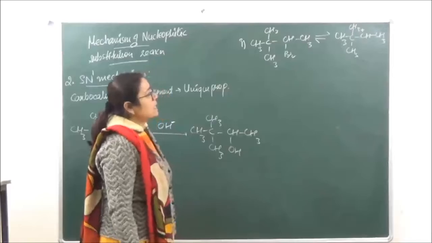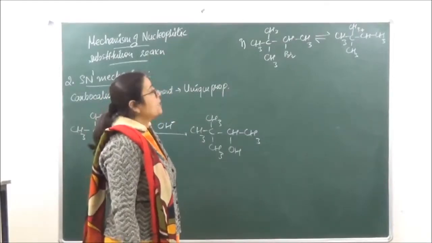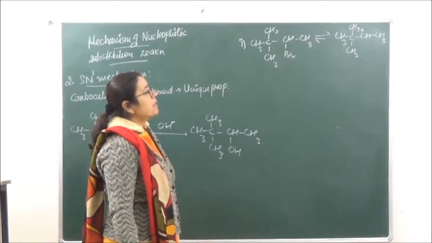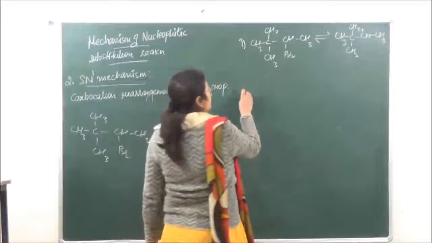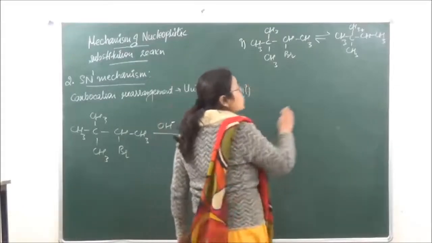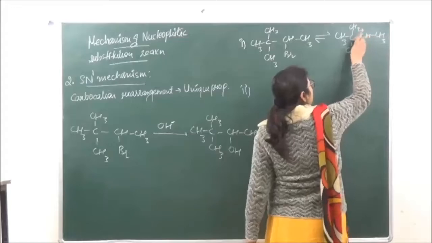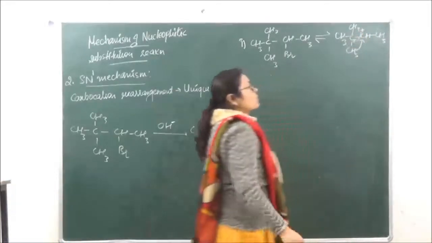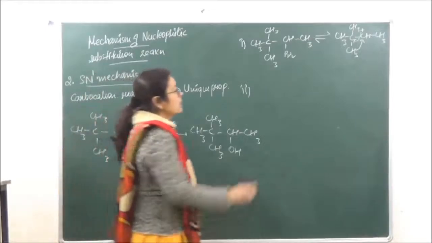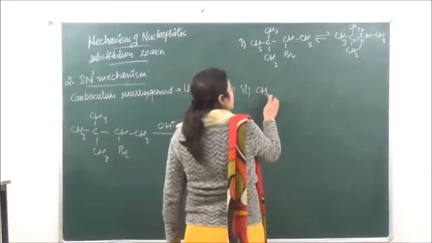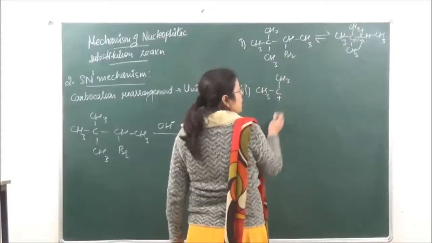Now again this carbocation, that is a 2 degree carbocation, right? So in order to make the carbocation more stable, the methyl is going to shift from this carbon. So in the second step, what is going to happen is that this methyl will shift to this carbon and the positive charge is going to get to this one. So we get a 3 degree carbocation which is more stable. So we have over here CH3 with a positive charge.